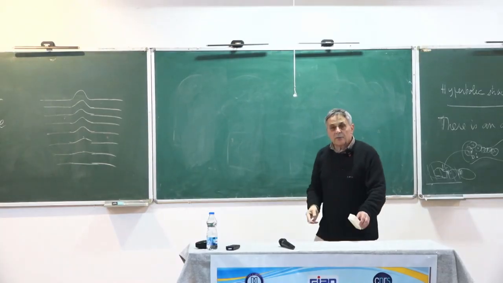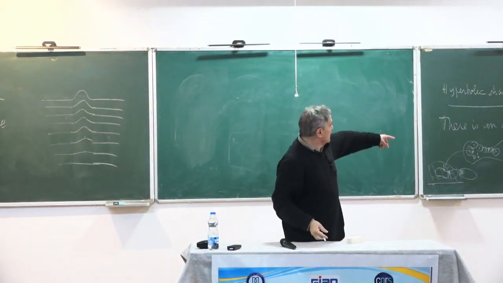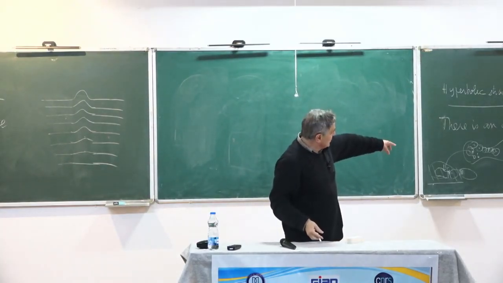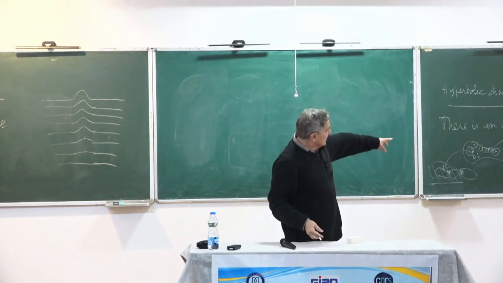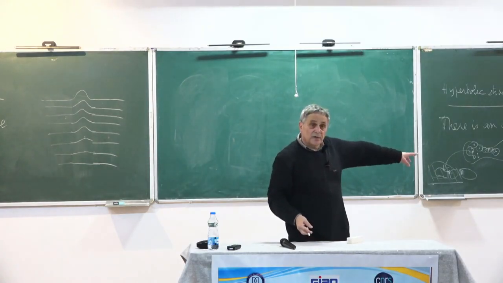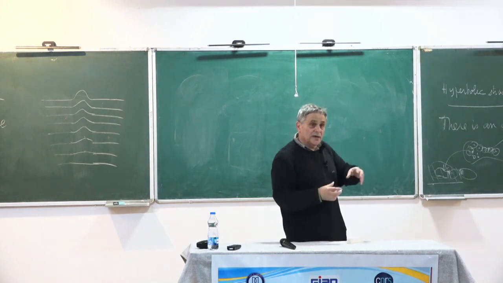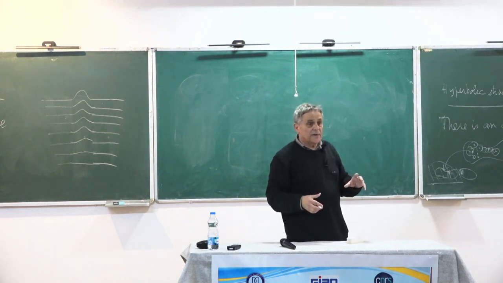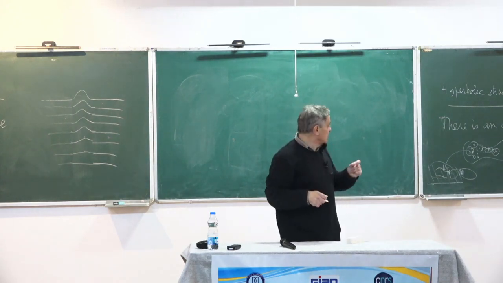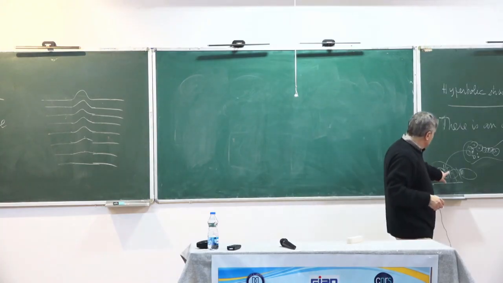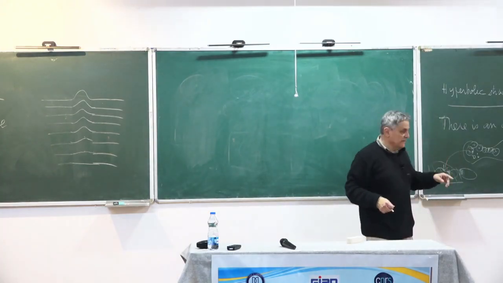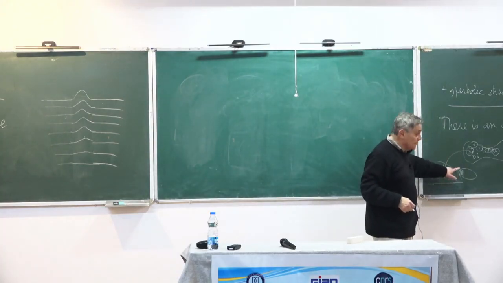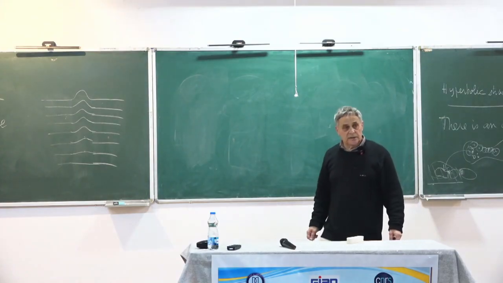You remember when we defined a differentiable surface? In fact, when we defined a hyperbolic surface, we took an atlas, and then the change of coordinates from here to here has to preserve something. Here it has to preserve the hyperbolic metric.